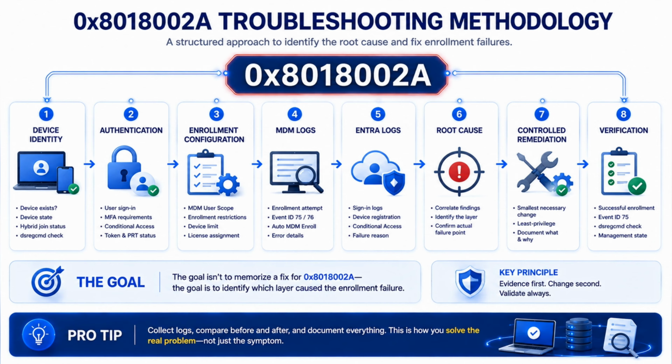For the documented 0x8018002A scenario, look specifically for evidence of enforced MFA and interaction required authentication. Apply a controlled remediation, refresh group policy only when GPO is involved, and use Intune Sync for an already enrolled device when an MDM check-in is required. Finally, verify successful enrollment and management. That's the difference between guessing and evidence-based enterprise troubleshooting.